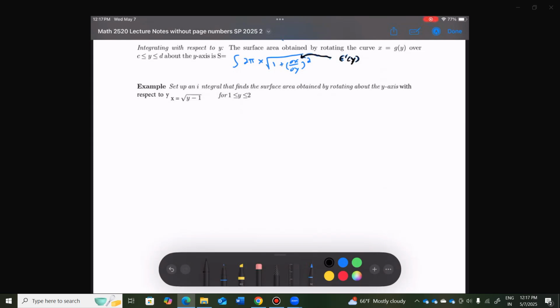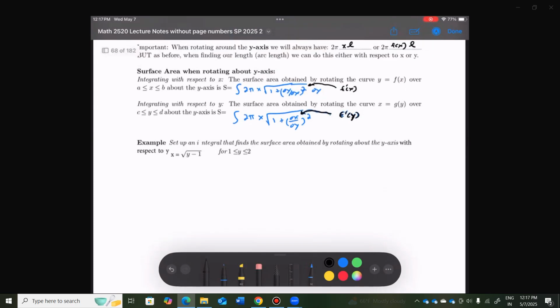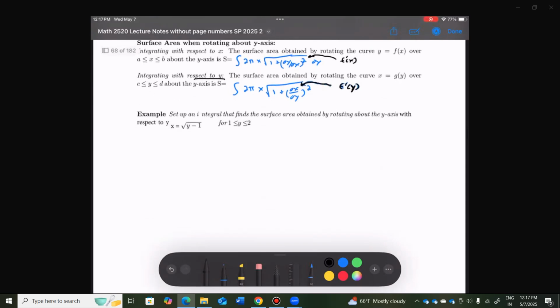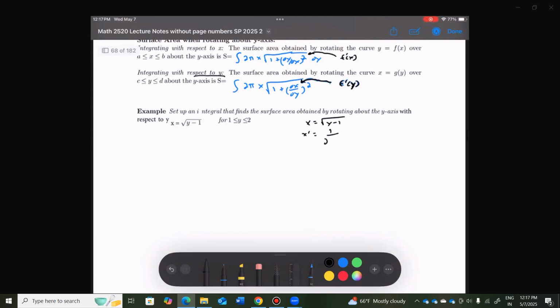Since this is with respect to y, we're going to look for f prime of y. If x is square root of y minus 1, then x prime is going to be 1 over 2 square root of y minus 1.